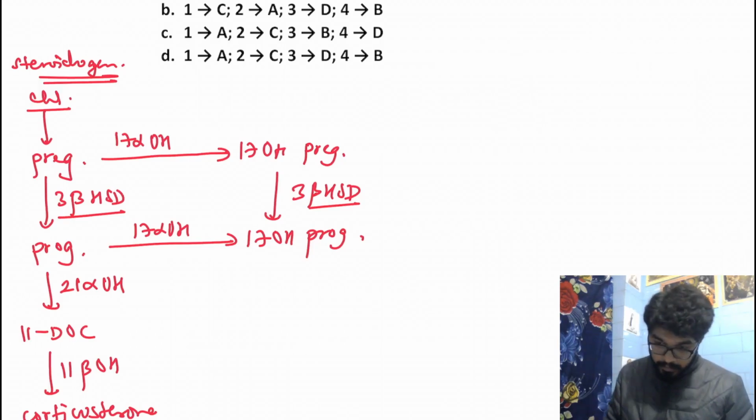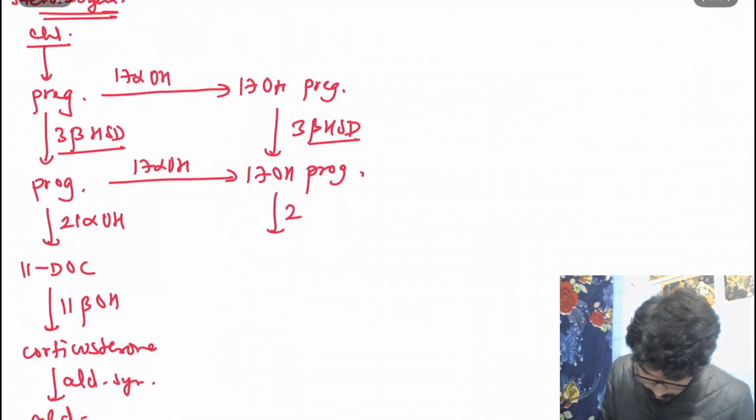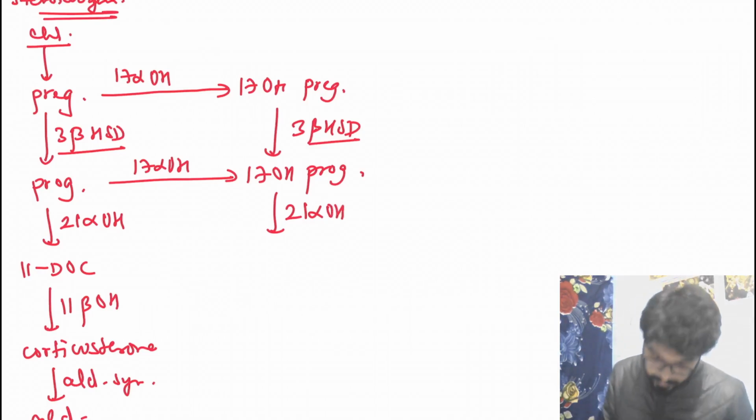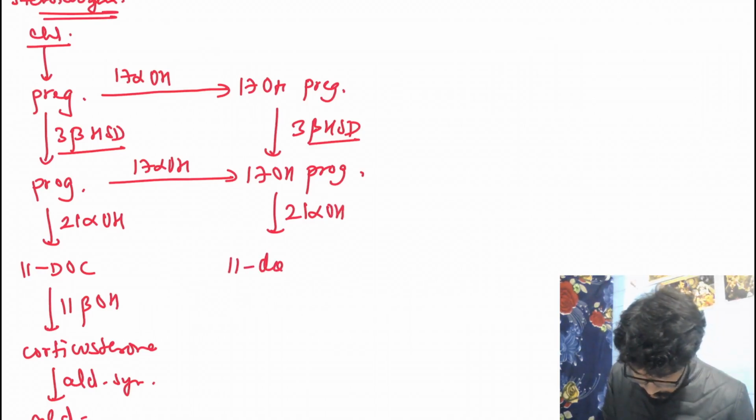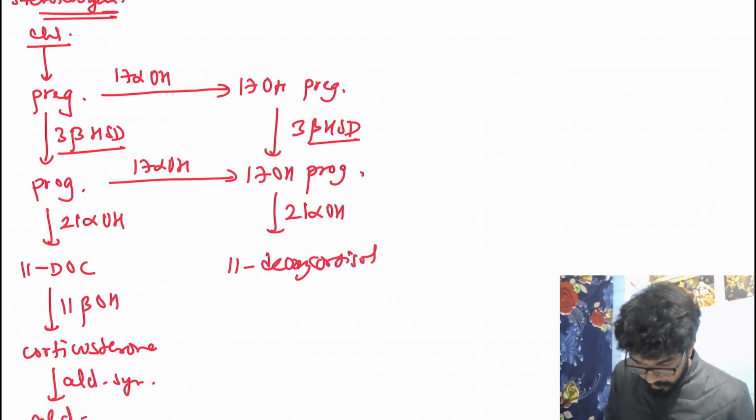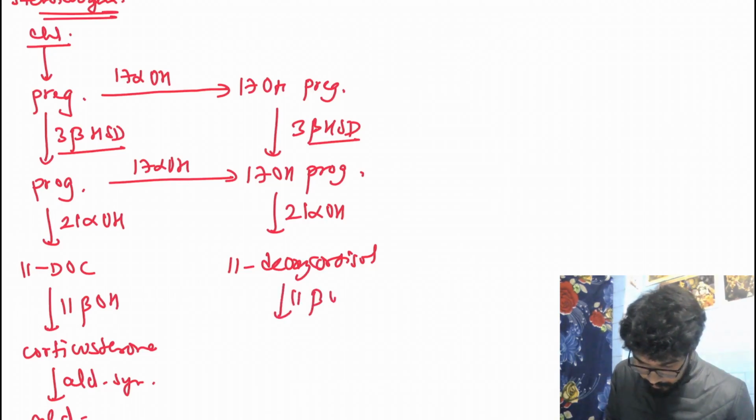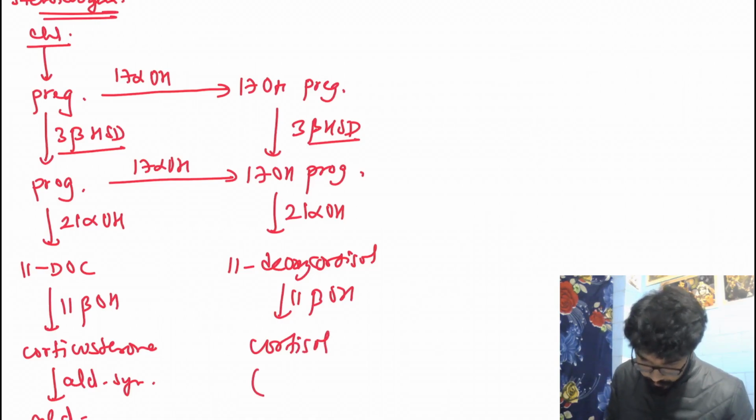Okay. Now this 17-hydroxyprogesterone will be acted on by 21-alpha hydroxylase to form 11-deoxycortisol, and similarly by 11-beta hydroxylase would form cortisol, and this whole thing occurs in the zona fasciculata. Okay.